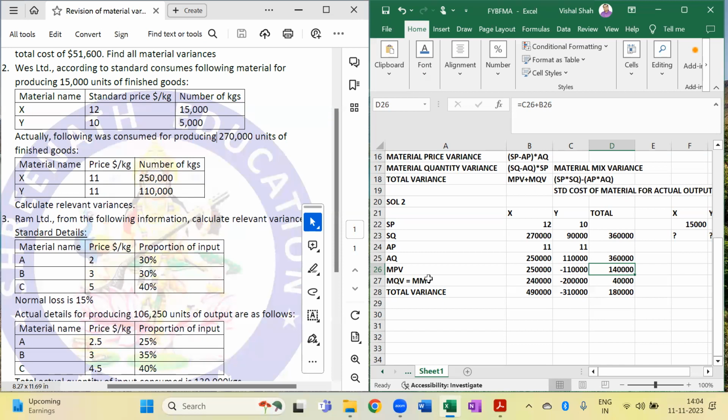Quantity: 2,40,000 favorable for X, 2,00,000 adverse for Y, due to which net 40,000 for material quantity, or you can say material mix variance.